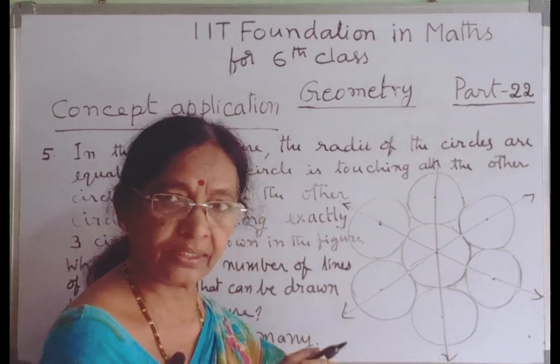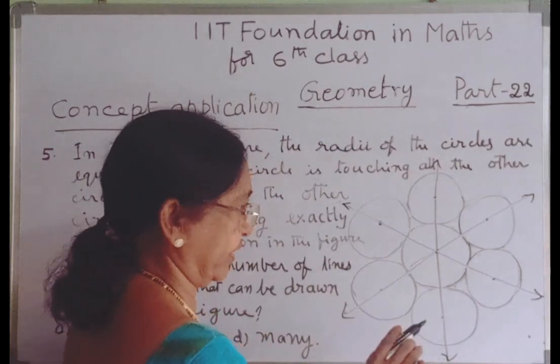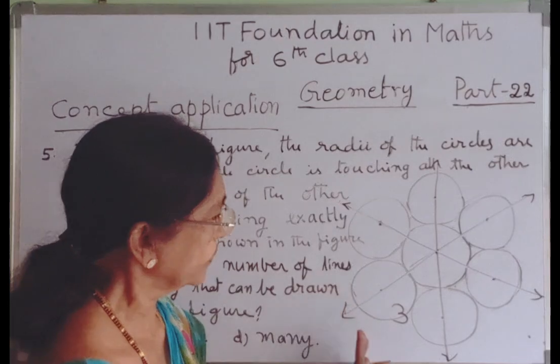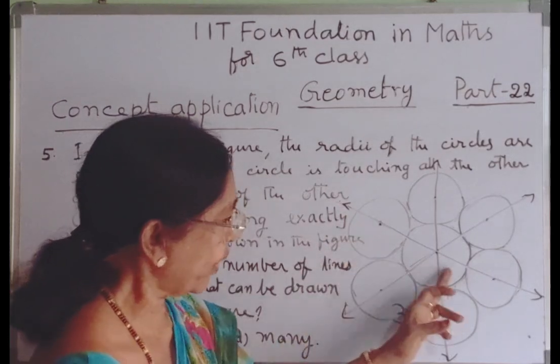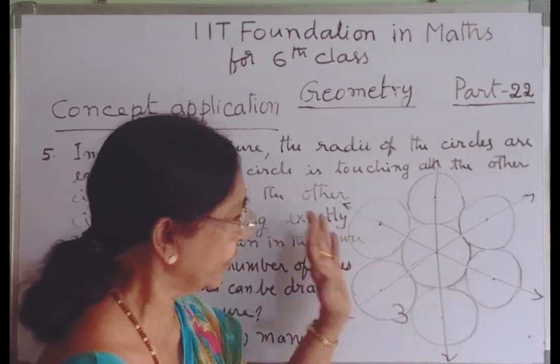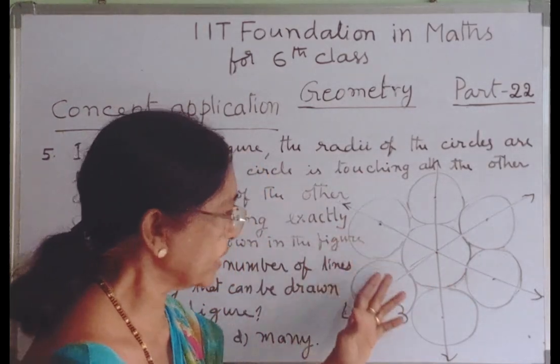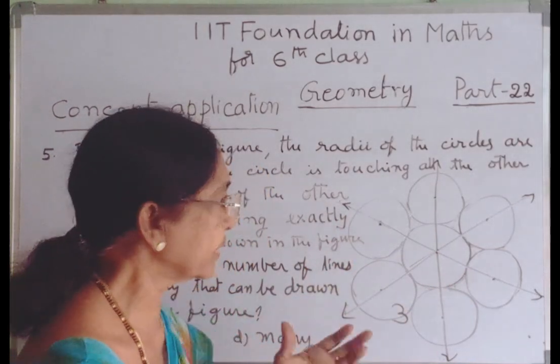These 3 lines are the lines of symmetry of this figure. So already there are 3 lines drawn in the figure which pass through the 3 centers of circles lying on the same line. So these 3 lines are lines of symmetry.